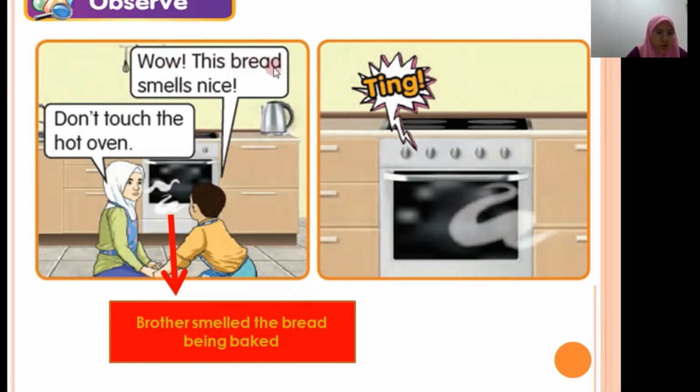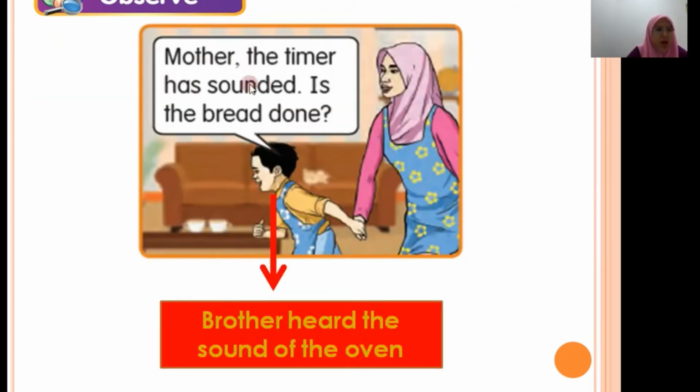Wow, this bread smells nice. And the brother smelled the bread being baked. The keyword here is smells. Next. Mother, the timer has sounded. Is the bread done? Can you see the word of the timer has sounded?